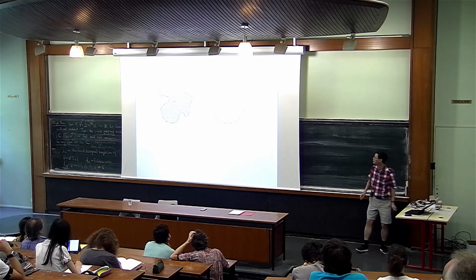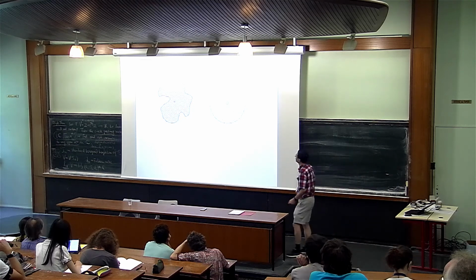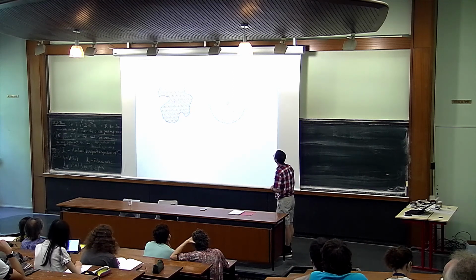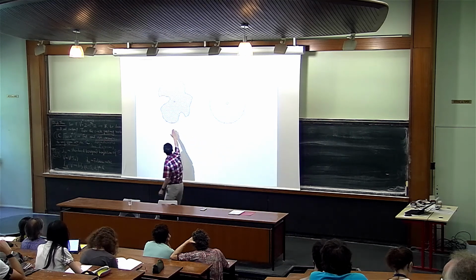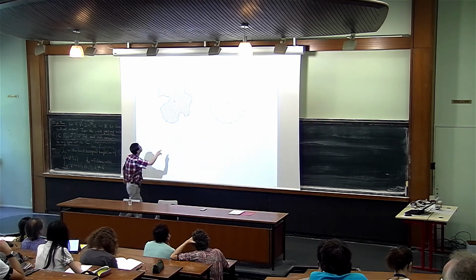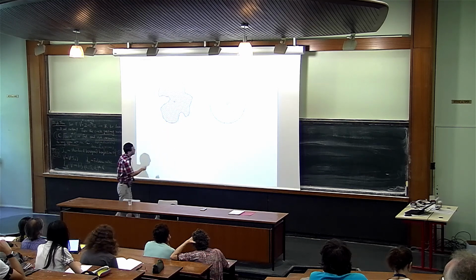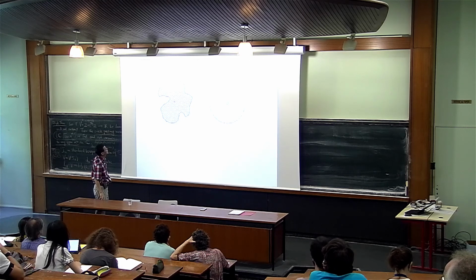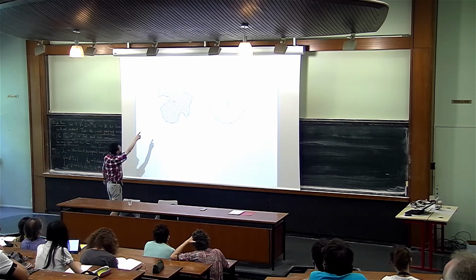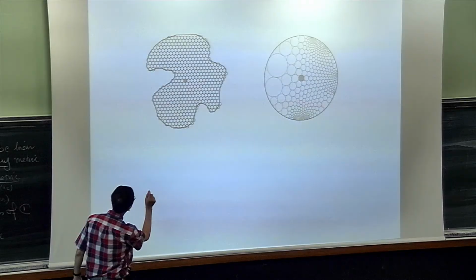And now let me also show you a standard picture for the Andreev-Koebe-Thurston theorem. This is part of Thurston's conjecture. You draw this Jordan domain, and you approximate it by a regular hexagonal triangulation. The dot here is a base point.